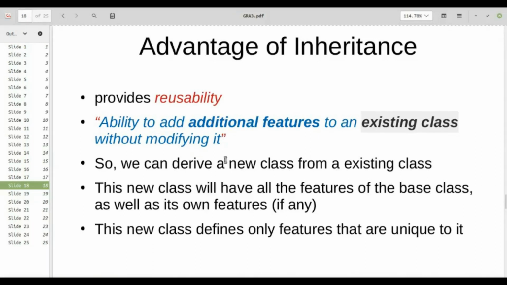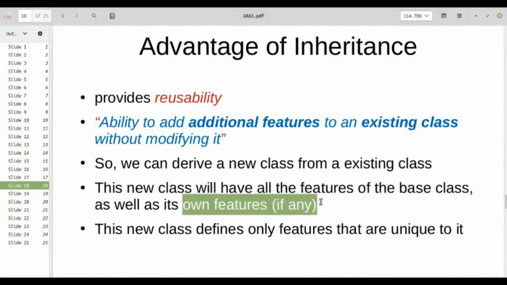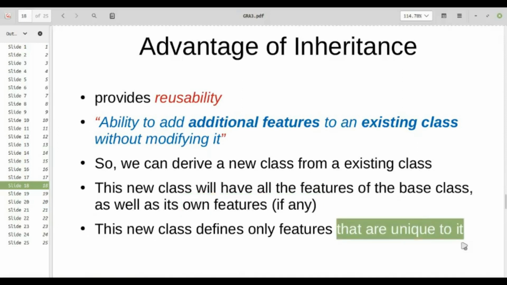So we can derive a new class from an existing class, and the new class will have all the features of the base class. Whatever characteristics and behavior it has, the new class will have all of them, as well as its own features, if any. Just like Trina thought that she needs some new functions in her own class, she can add them. There is no restriction on that, right? So the new class defines only the features that are unique to it.